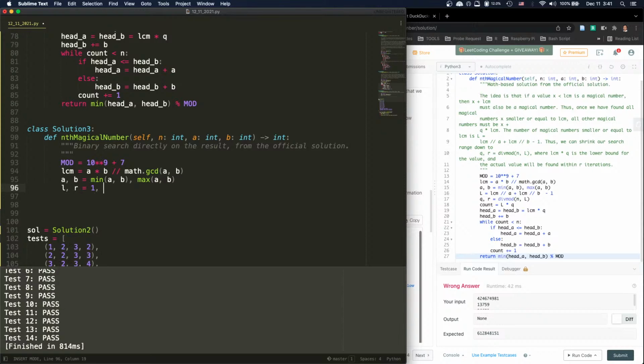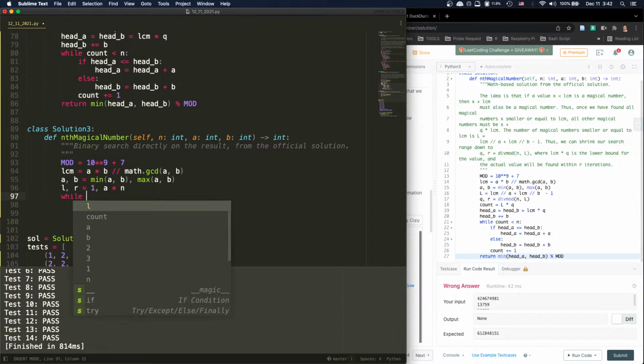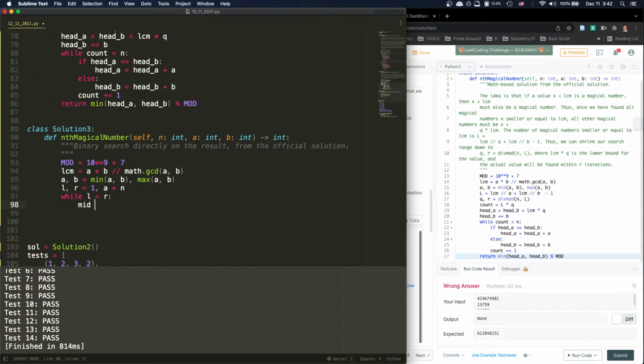Left is 1, right, I'm gonna do a times n. That's the maximum, the upper bound, right? And we just say while L is smaller than R, mid equals L plus R divided by 2, right?